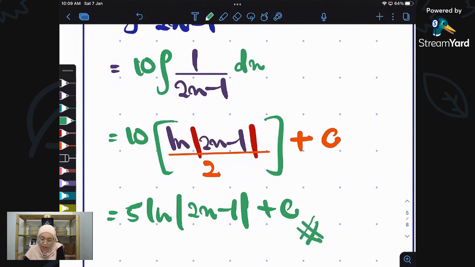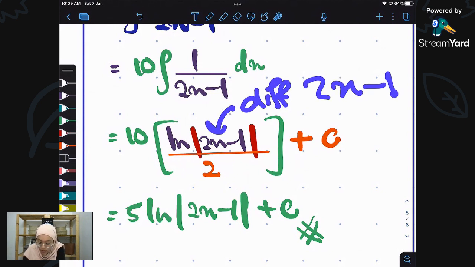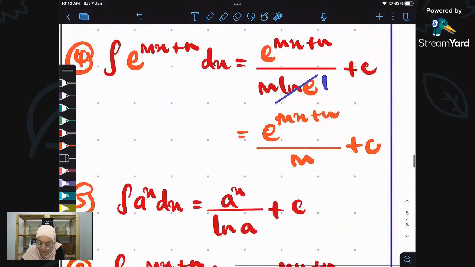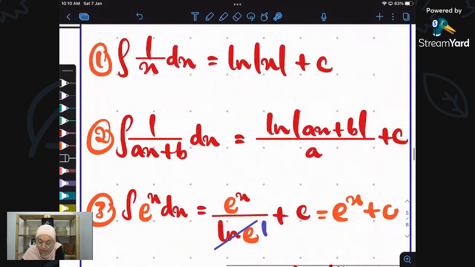So you might wonder, oh wow, where is the number 2 coming from? The 2 is coming from differentiating 2x minus 1. Okay, but the number 2 must be put below this line, which is at the denominator part. And so we refer to the formula, the basic rule of integration.